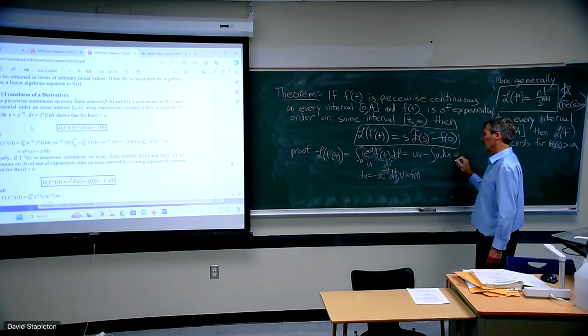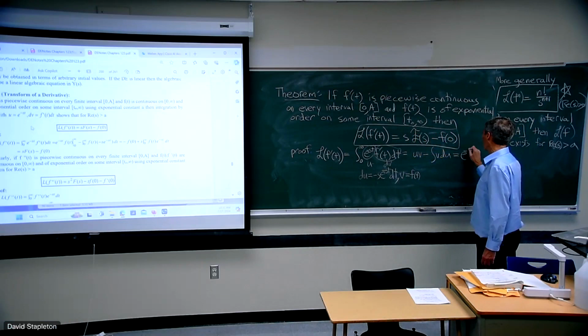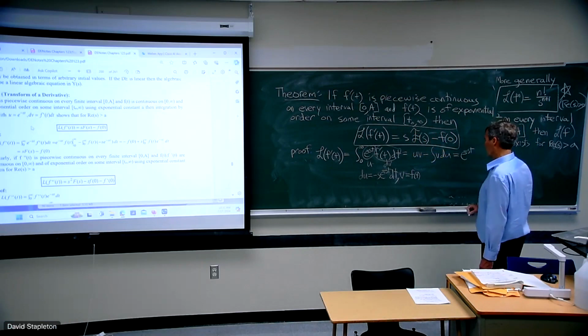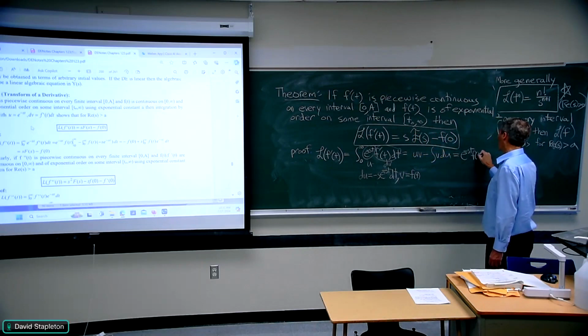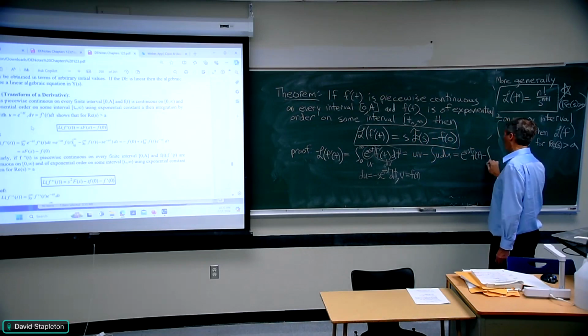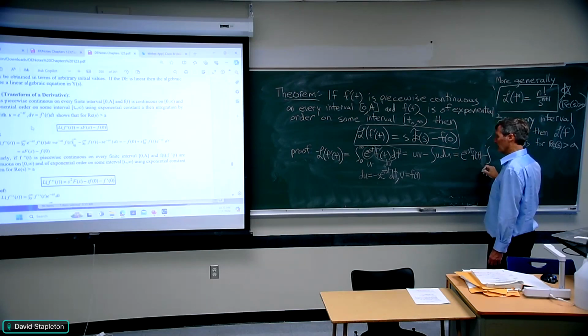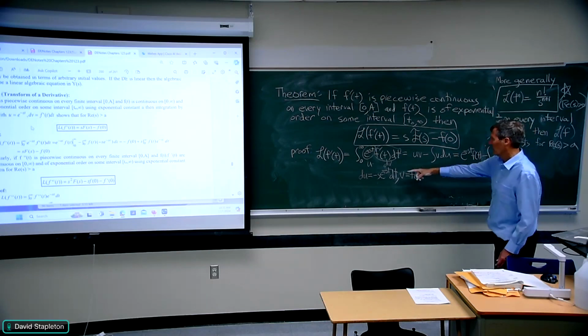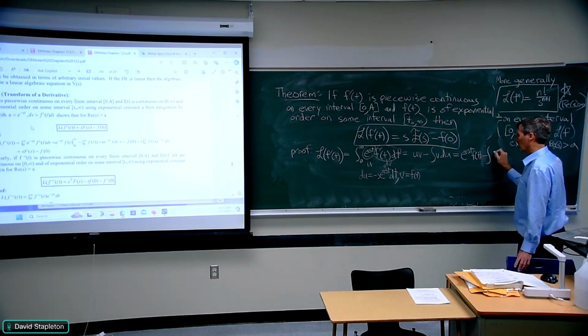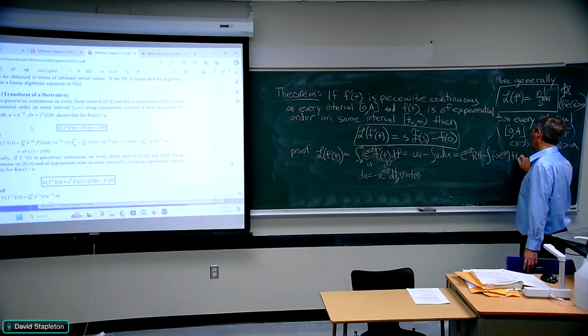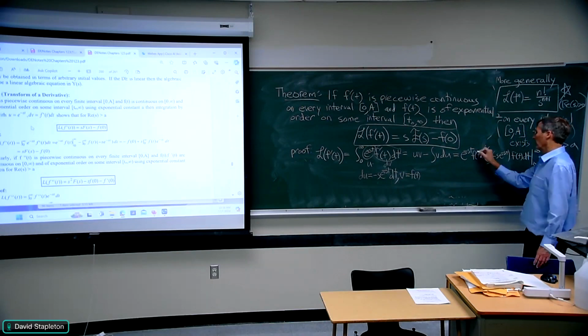So this is equal to uv, e to the minus st times f of t, minus the integral of v du, which is f of t times minus s e to the minus st dt, and the whole thing from 0 to infinity.